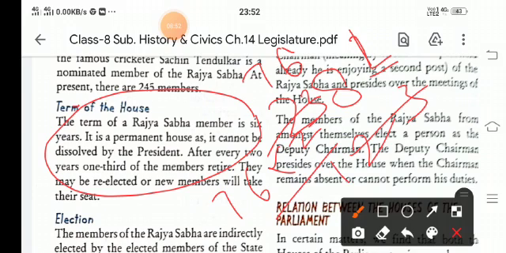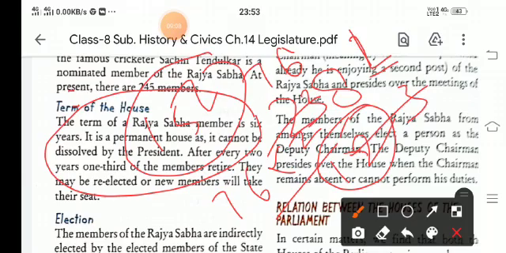So these members retire after every 2 years, and again a new fresh election through the council of the states takes place.